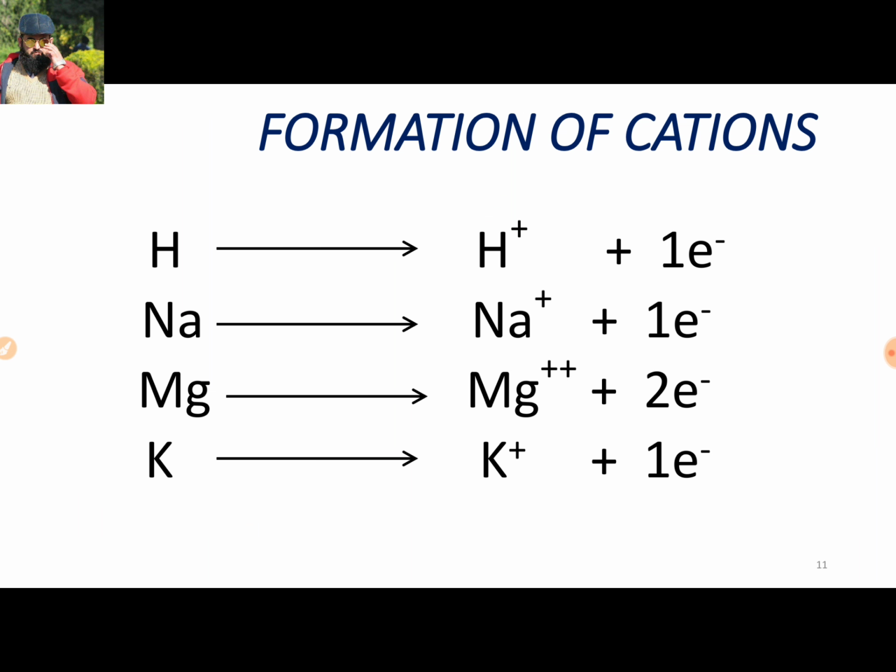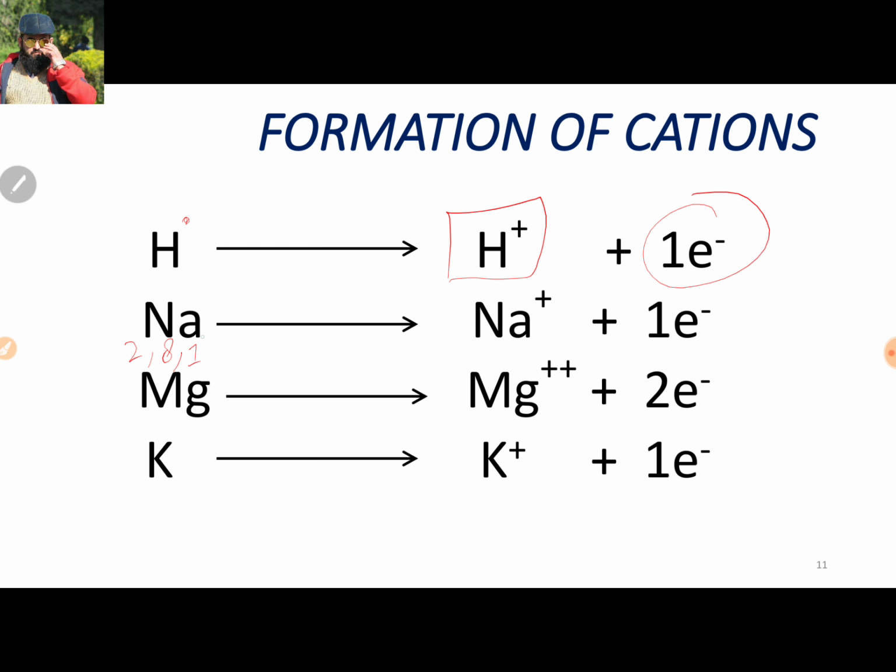Formation of cations. As I have told you earlier, cations are formed by the loss of electrons. For example, hydrogen has only 1 electron in its outermost shell, which is also its first and last shell. So when it loses this electron, it forms a cation, the hydrogen ion. Similarly, sodium, you know well, has 2 electrons in its first shell, 8 electrons in its second shell, and 1 electron in its third shell.